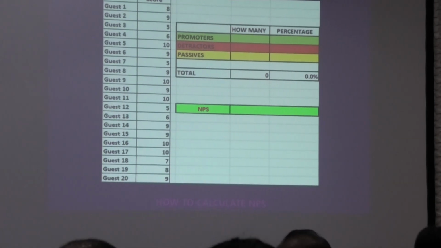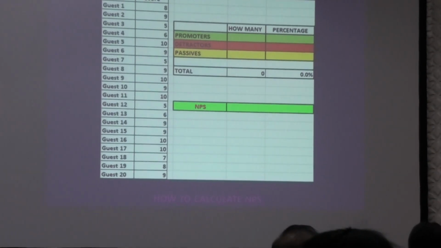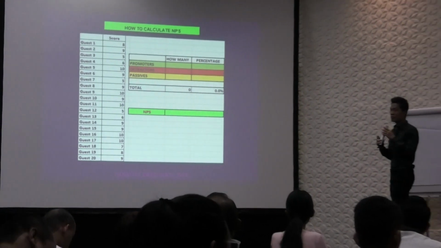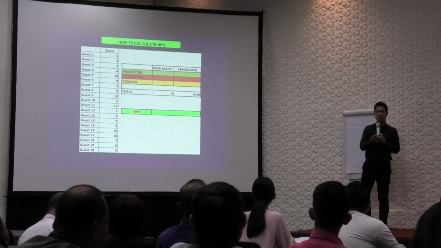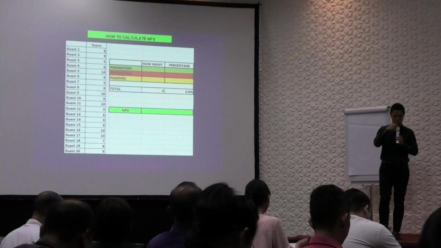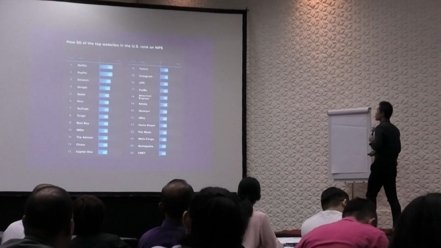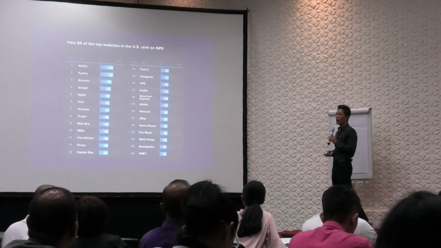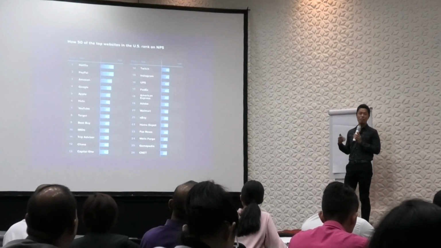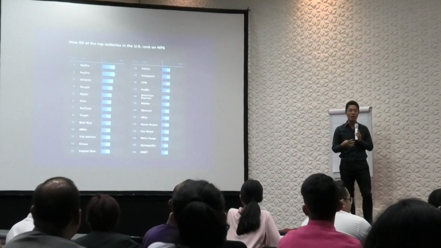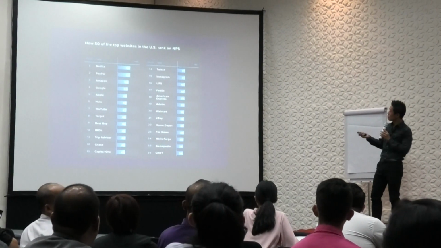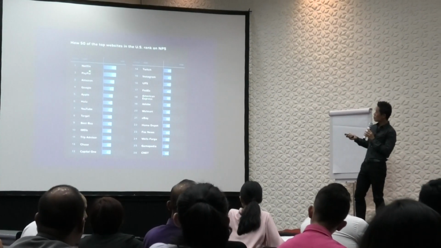Congratulations. Now the 32 people sitting in this room know how to calculate NPS. Good start. I just wanted to show you what kind of NPS score the famous online companies get. You can see big names, right?